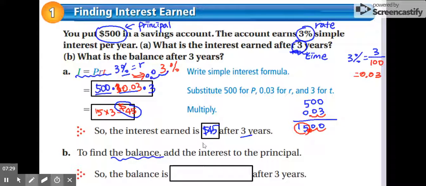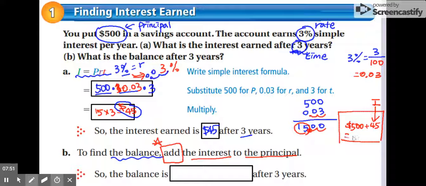So let's just find the balance. So this is the interest. So in your balance, you're going to add the interest to the principal. So in 3 years, in your bank account, you're going to have 545. So the total is going to be how much? 545. So the balance is going to be 500 plus 45.